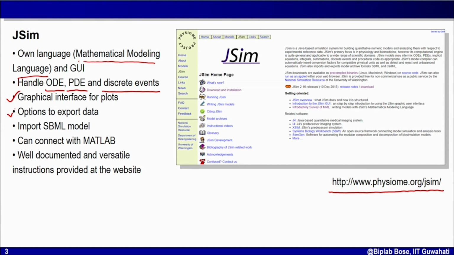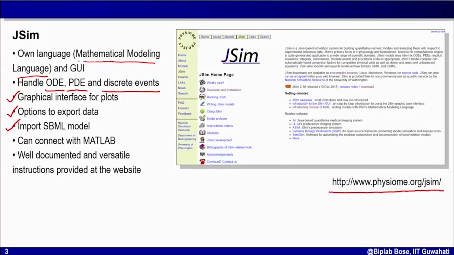It has an option to export your data as a text file so that you can plot the graphs in some other software like Microsoft Excel. It can import SBML models. SBML stands for Systems Biology Markup Language. As you know, dynamical models are very common in systems biology, and different people use different languages and different software to simulate these models.